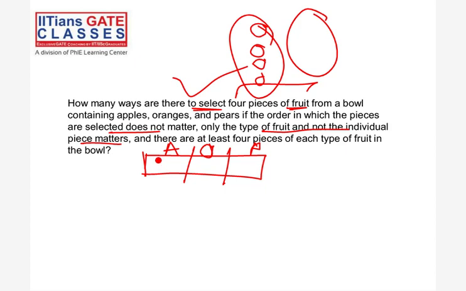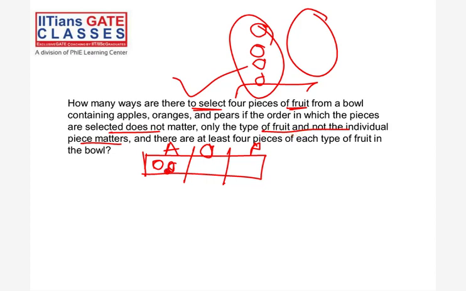For example, let's assume you have two apples, and I tell you to select one apple, then how many ways are there? Read this line: only the type of fruit matters, not the individual piece.